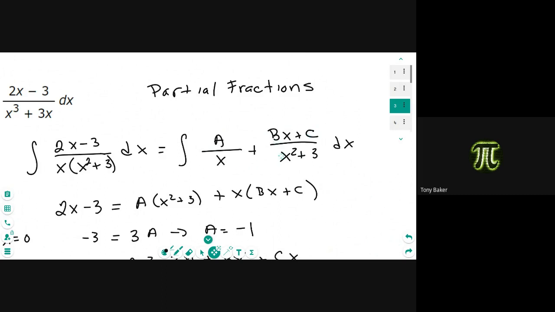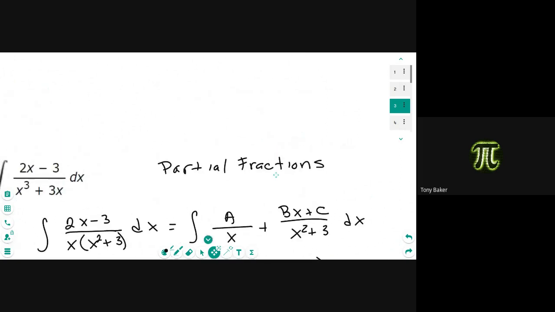If there are multiples, for example x squared, that would have been a over x and then b over x squared. So when you have something raised to a power, you split them up that way. You have to write every factor out. If it was x to the third, I'd have c over x to the third.